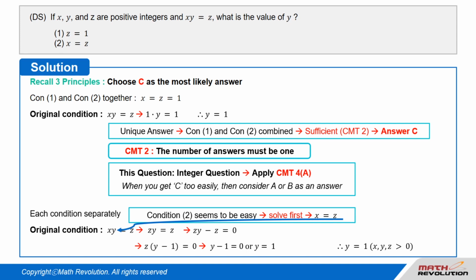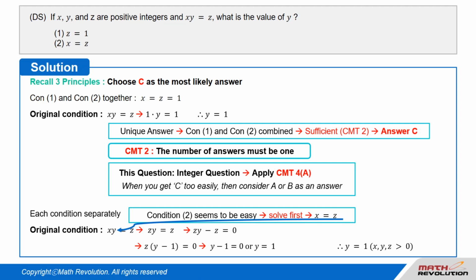Condition 2 tells us that x equals z. By substituting z for x in x times y equals z, we get z times y equals z. Rearranging this gives us z times y minus z equals 0. Taking out a common factor gives us z times (y minus 1) equals 0.